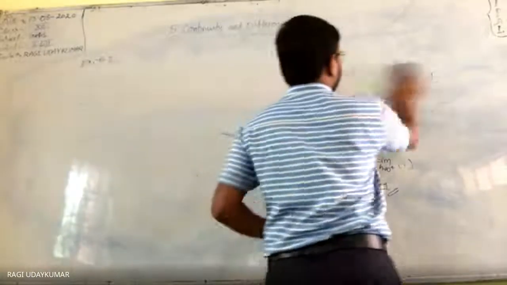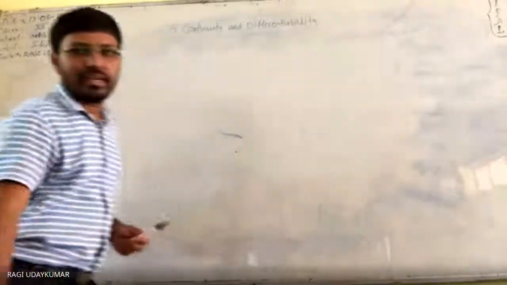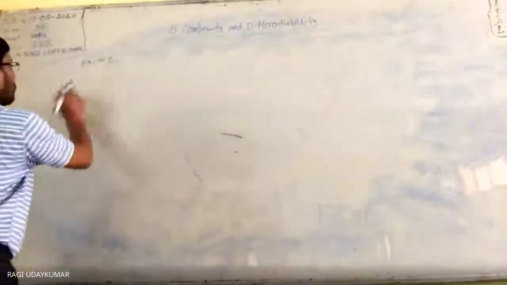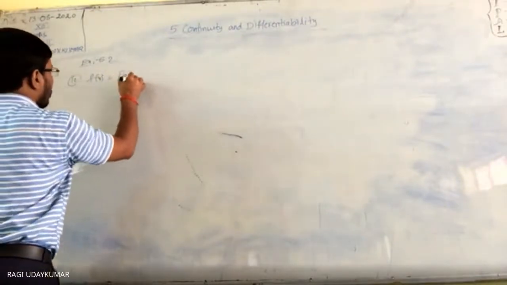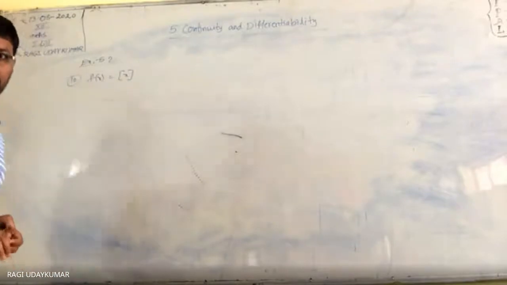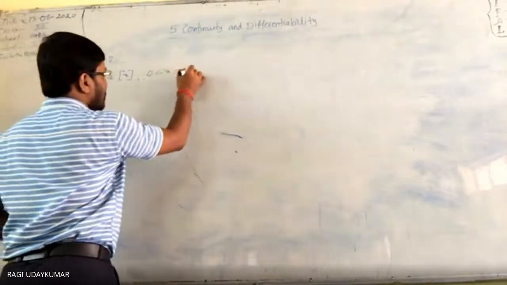Next, 10th problem. Here the 10th problem is given on the greatest integer function. This is also a very interesting question. Okay? f of x is equal to the greatest integer function, and the domain is given as 0 less than x less than 3.